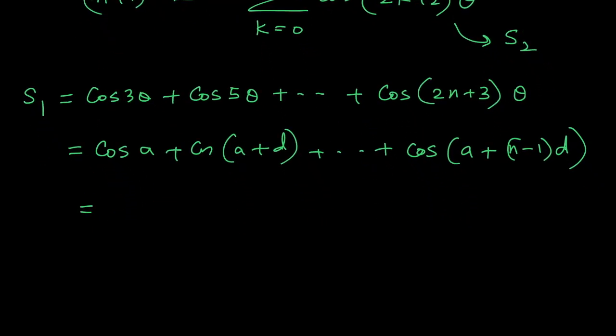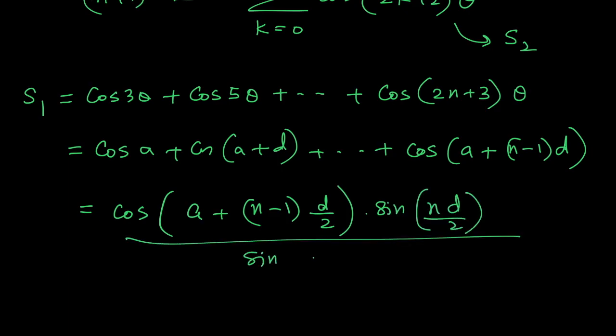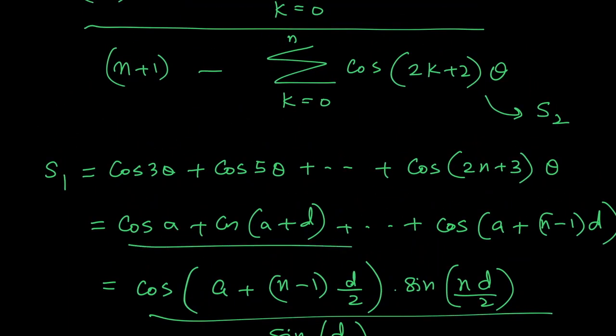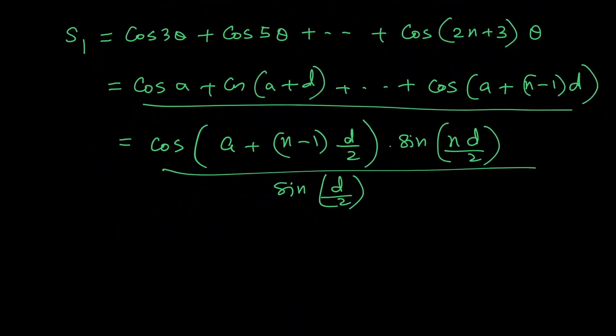This result is cos of A plus n minus 1 into d by 2, into sine n d by 2, divided by sine d by 2. In this case n is the number of terms, d is the common difference, and A is the first term. Here our first term is 3 theta.